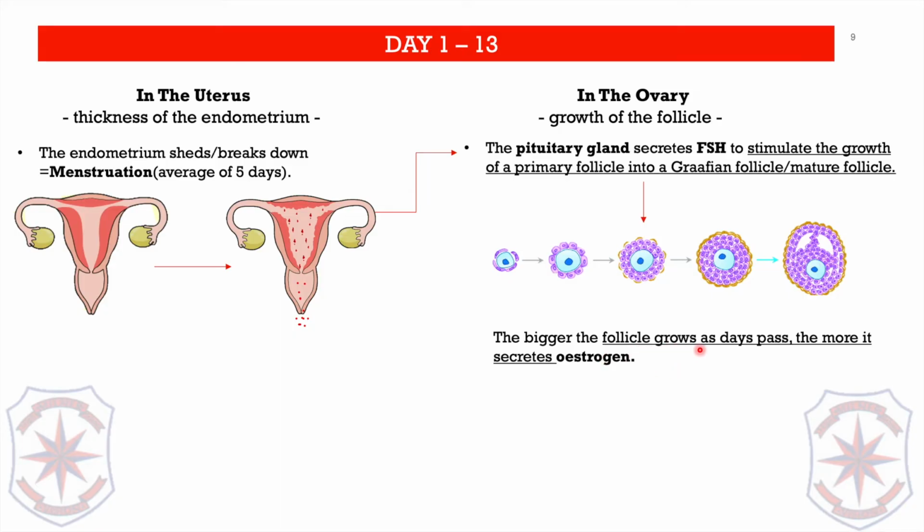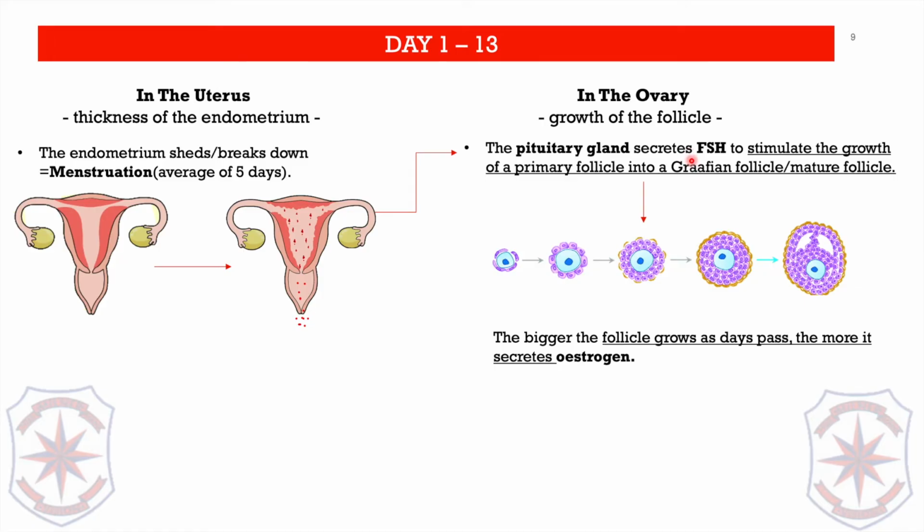The bigger the follicle grows as days pass, the more it secretes estrogen. So inside the ovaries, as the follicle grows bigger and bigger, it produces estrogen. What influences it to grow bigger is FSH.